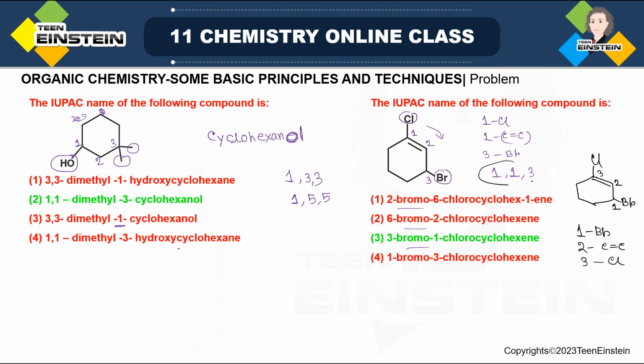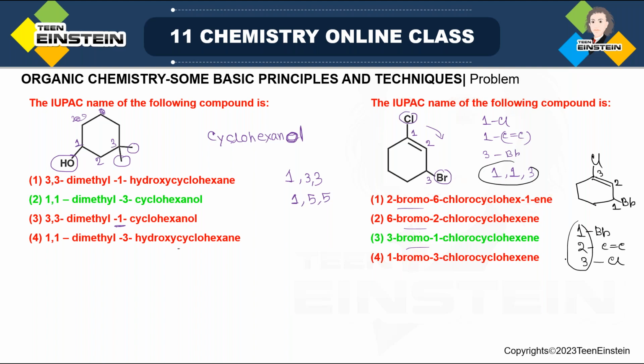Now see, here it is 1, 1, 3, but now it is 1, 2, 3, which is obviously less preferred because of the rule of first point of difference. So that is why we have not started the numbering from bromine, but we are starting it from chloro. Okay, so this is not correct.